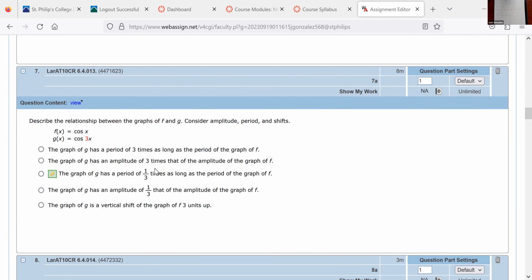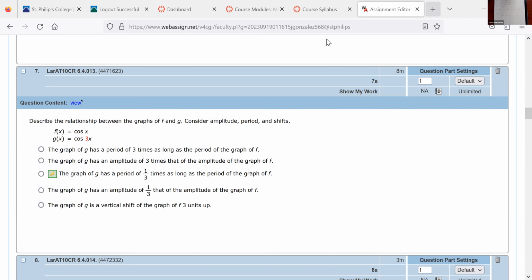Over here, they want you to compare them in general. So what happens if I'm multiplying by 3? Well, you're speeding it up 3 times as fast, right? So that means it'll finish the period in 1/3 the time.